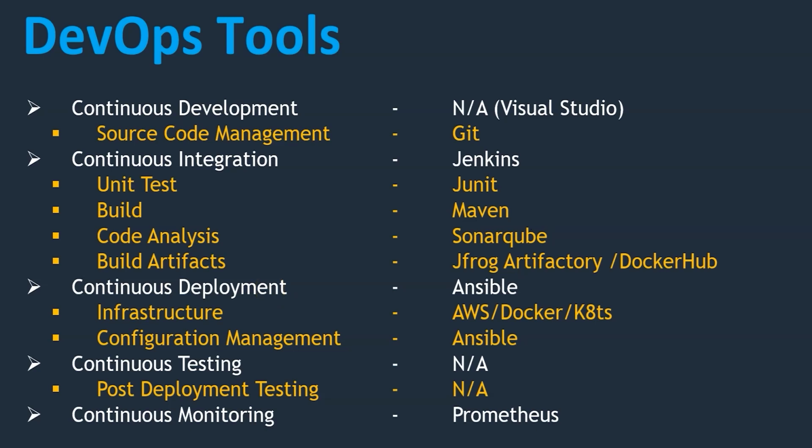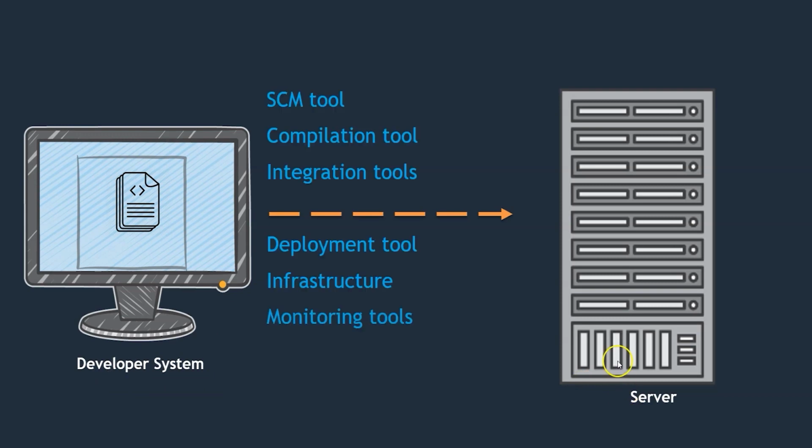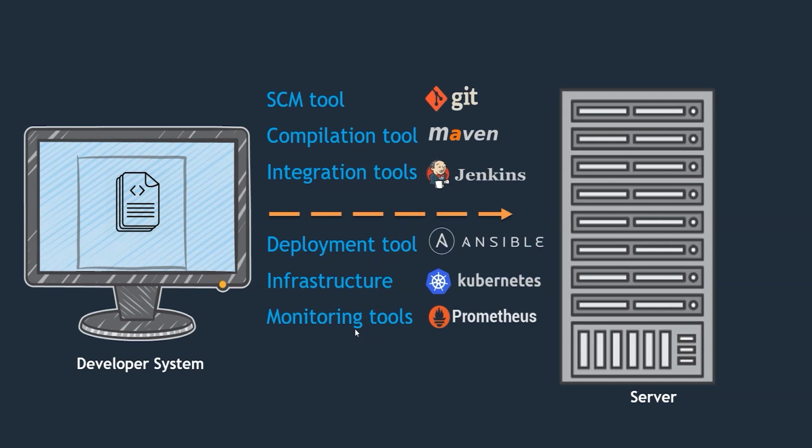At last, if we see our first diagram, this is what we have seen, right? Development system and server. Next, it involves these steps. We need a source code management tool, compilation tool, integration tool, deployment tool, infrastructure, and monitoring. Here, source code management, Git; compilation tool, Maven; integration tool, Jenkins; deployment tool, Ansible; infrastructure, AWS, Docker, and Kubernetes.